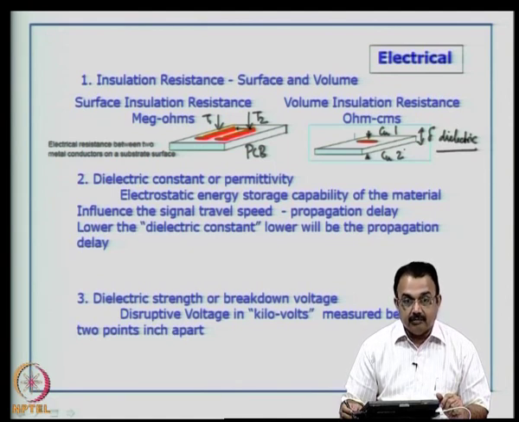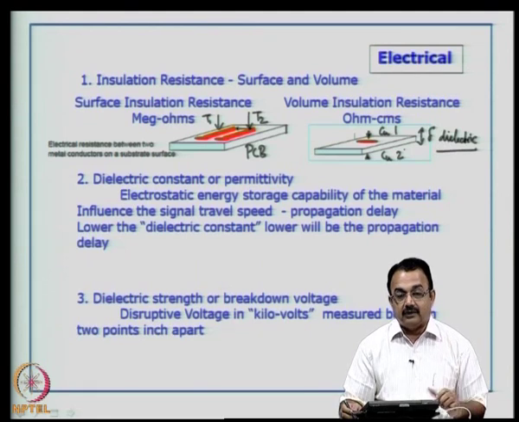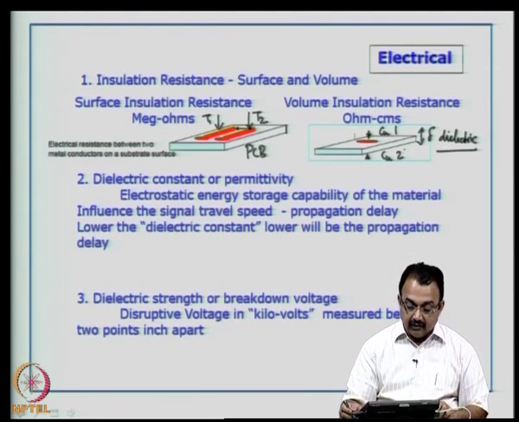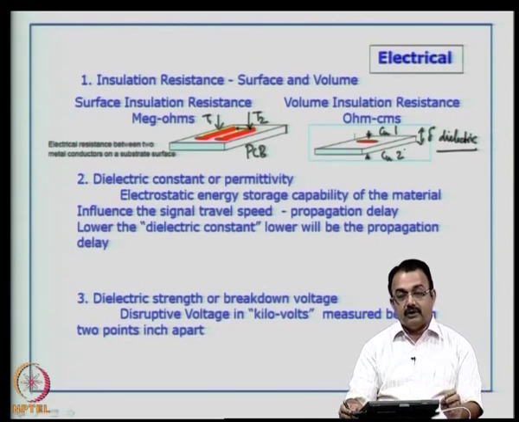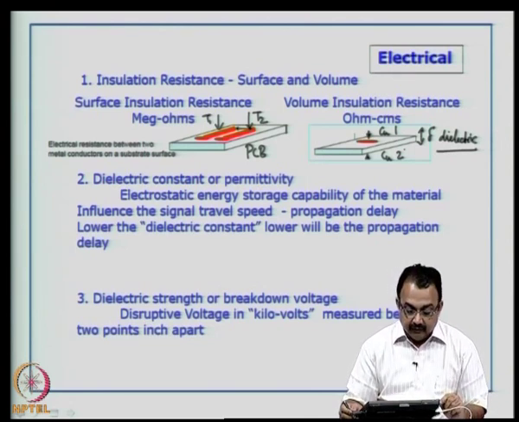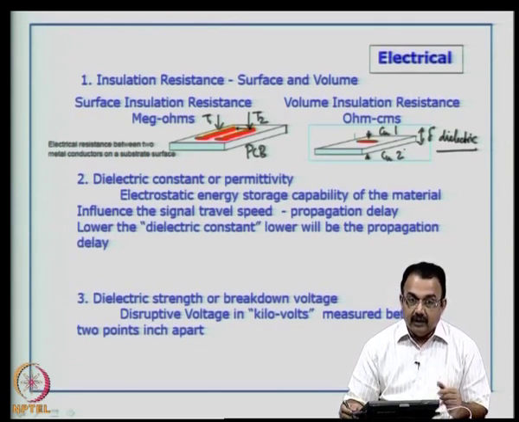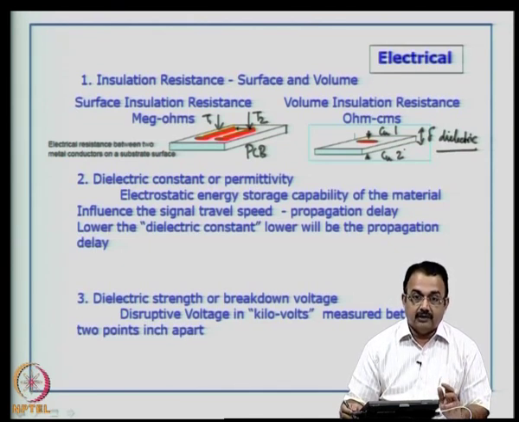Dielectric constant or permittivity, all of you are aware of this basic concept of dielectric constant in a material. It is basically the electrostatic energy storage capability of the material, and it influences the signal delay in a system, or the signal travel speed, or you can call it propagation delay.